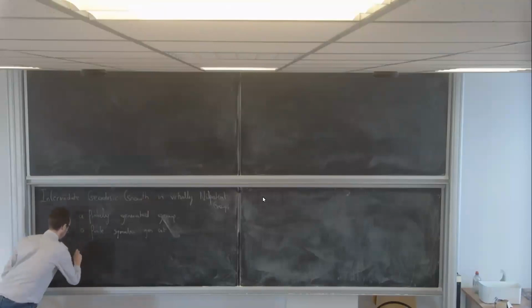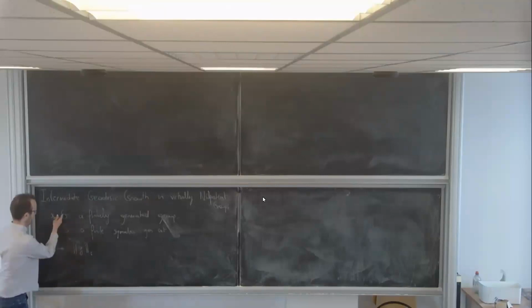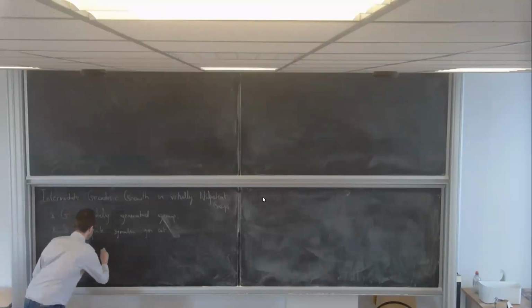I'm going to denote it by two bars with subscript S. For each element g in G, it gives you the length of the shortest word over S which represents g.